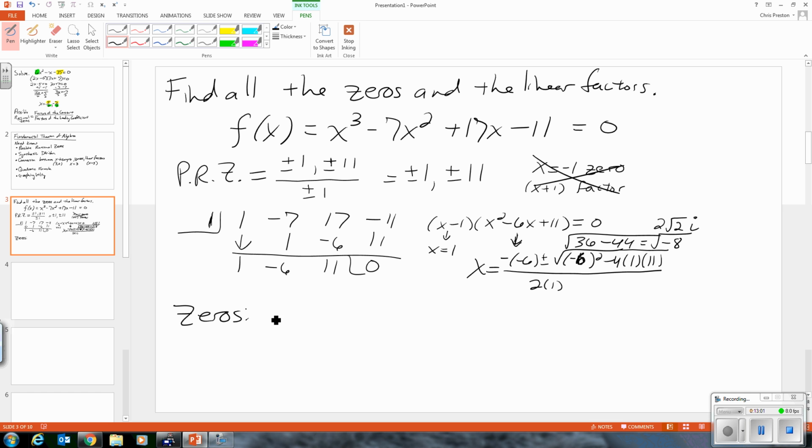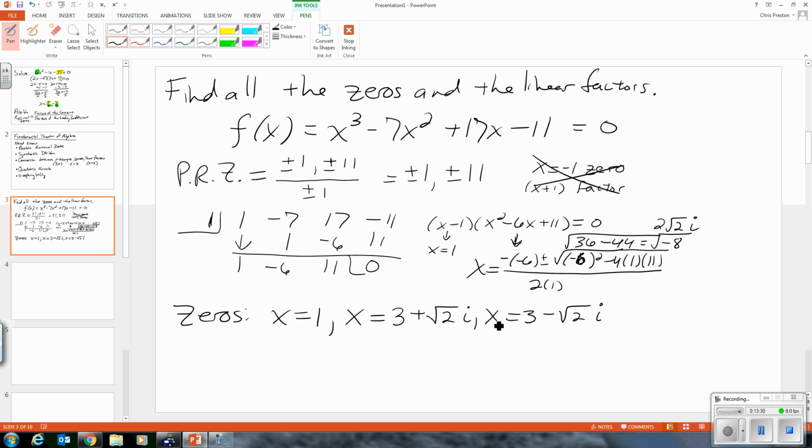My zeros are x equals 1, x equals, this is going to be a positive 6 divided by 2, so 3 plus, well actually let me keep those separate. 3 plus 2 root 2 divided by 2, so root 2i, and x equals 3 minus root 2i.